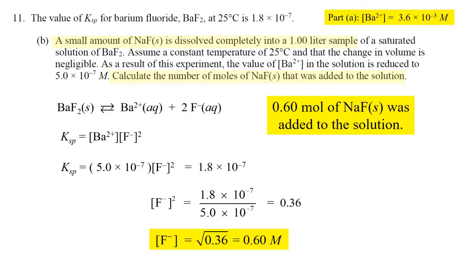An increase in the concentration of the fluoride ion caused a shift in the equilibrium and decreased the concentration of barium. So the correct answer to part B is that a 0.60 mole sample of solid sodium fluoride was added to the solution, and we were able to figure out that number by plugging in the new concentration of barium into the Ksp and then solving for the concentration of the fluoride ion after that change was made.